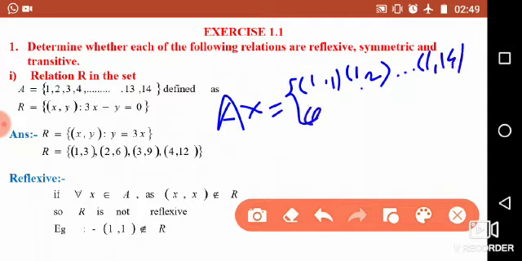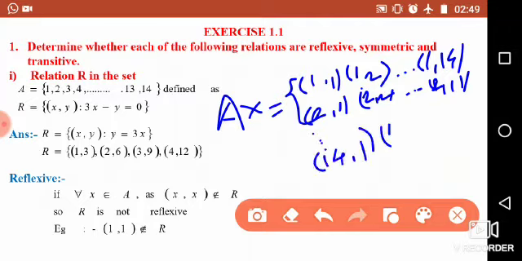Like that, (2, 1), (2, 2), and so on up to (2, 14). We have the last ordered pairs (14, 1), (14, 2), and so on. The last element of this Cartesian product is (14, 14). And the relation is always a subset of A cross A.